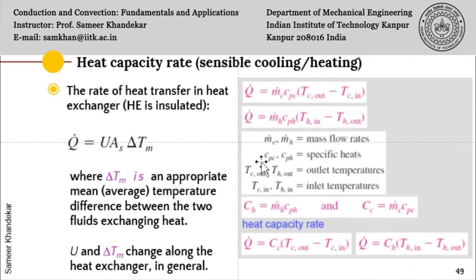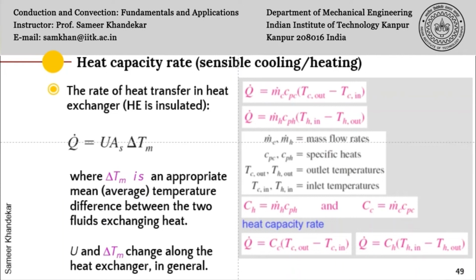We usually club them and term it capital C. The small c is the specific heat at constant pressure of the fluid, and capital C_h is the thermal inertia, m dot h into Cp,h, and similarly capital C_c is equal to m dot c and Cp,c. So you can write this equation as Q dot is equal to C_c into delta T cold, and that is also equal to C_h into delta T hot.